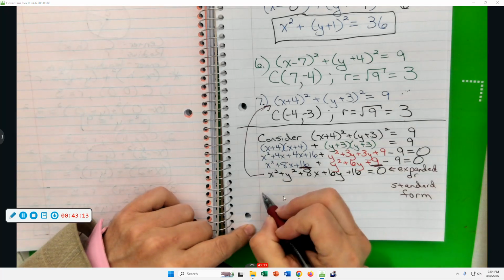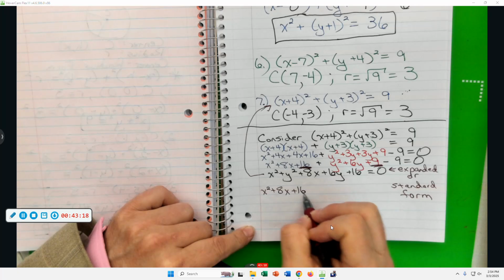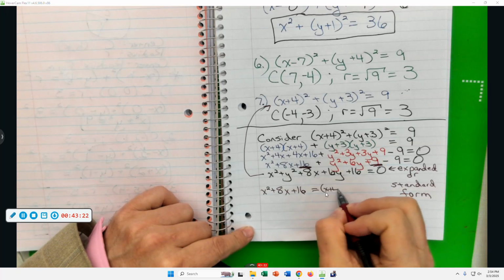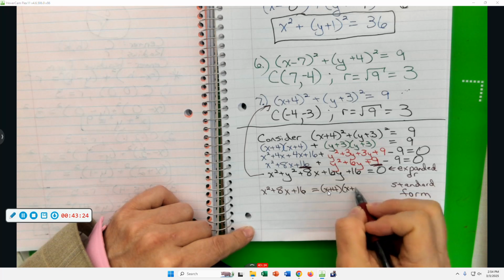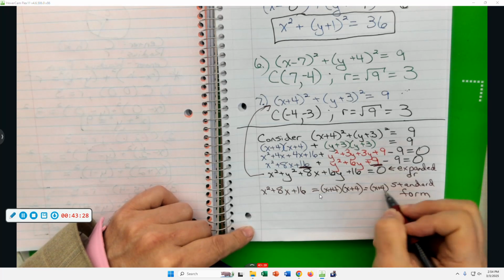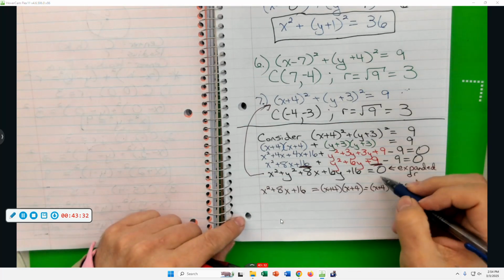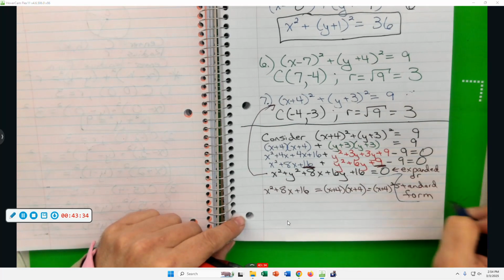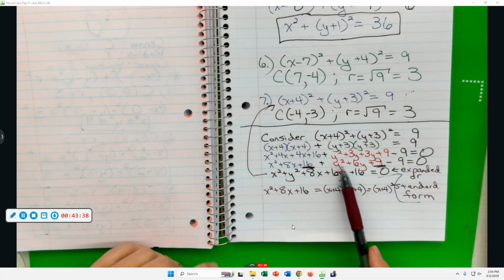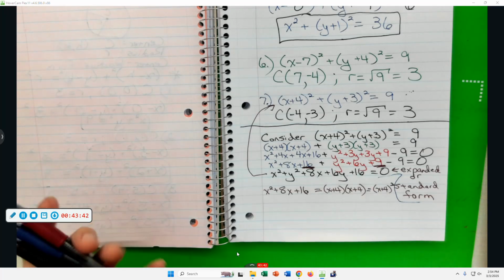Here's an example. X squared plus 8x plus 16. We said that's the same thing as x plus 4 times x plus 4. In other words, it's an x plus 4 squared. Another perfect square trinomial, that red one, y squared plus 6y plus 9.